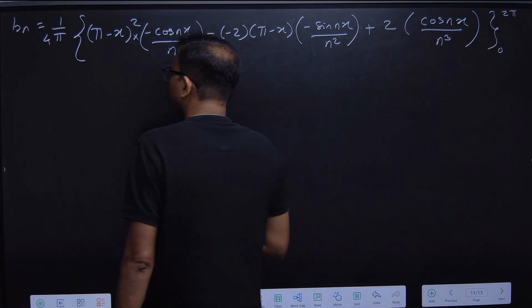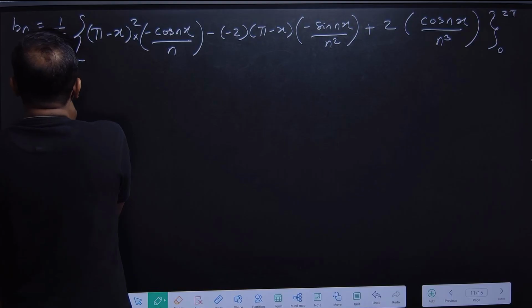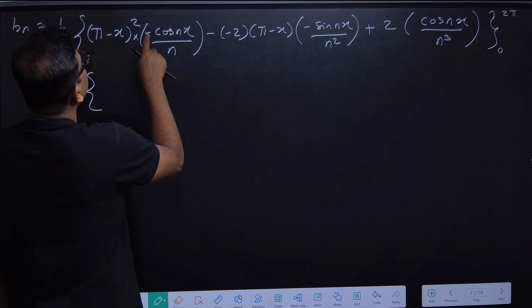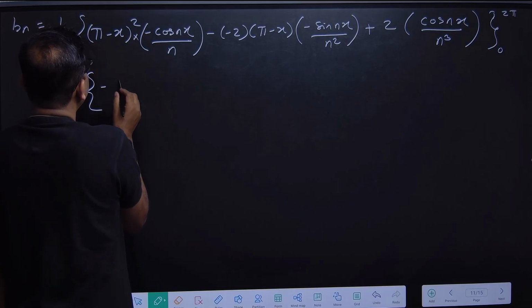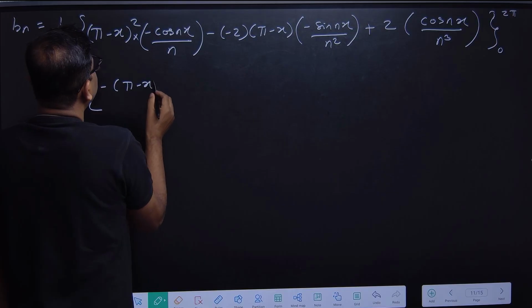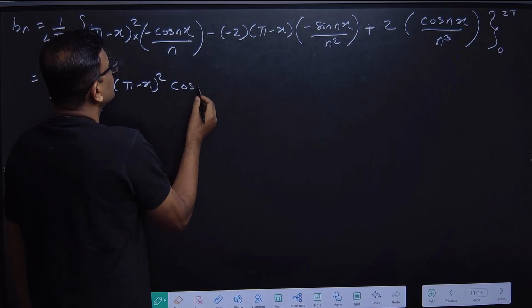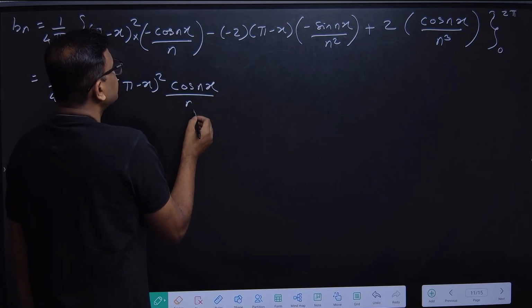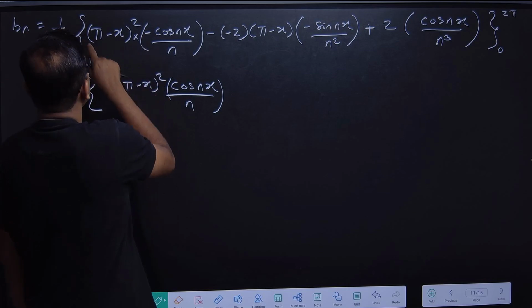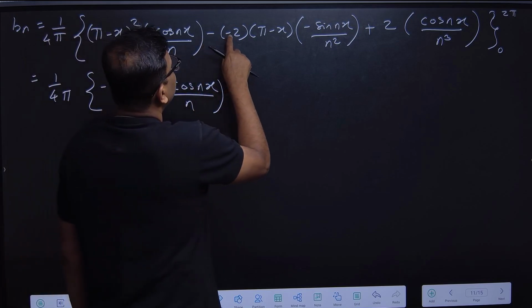Before we put the limits, we can just simplify this bit. We can put the limits directly also, but I'll show you the simplification part. First of all, this plus into minus will be minus (pi minus x). Let us simplify before substituting, so it becomes easier. This minus into plus will be minus. So this minus into minus is plus.